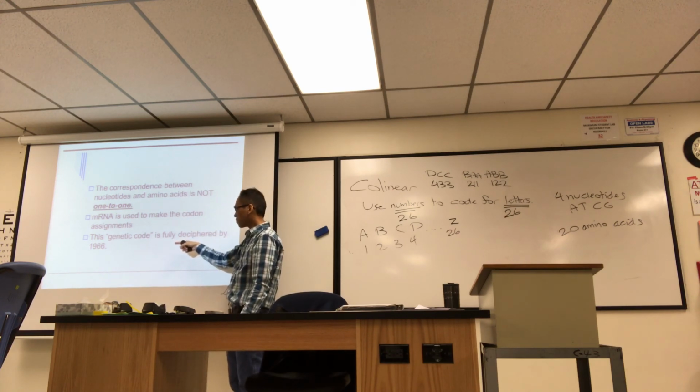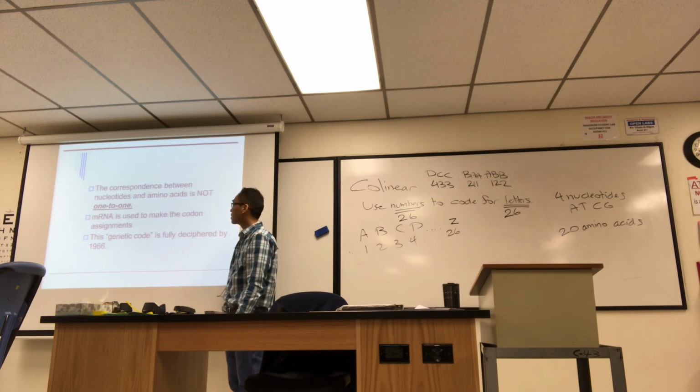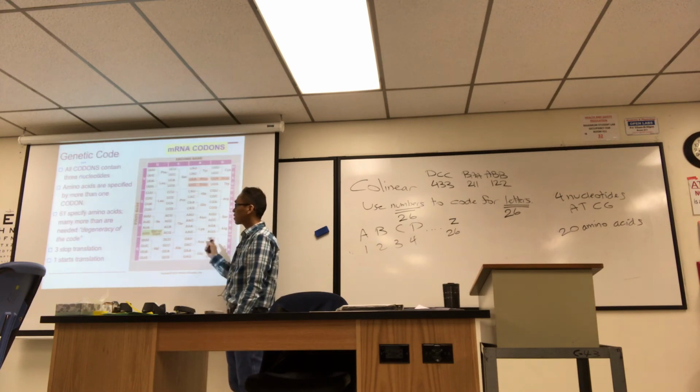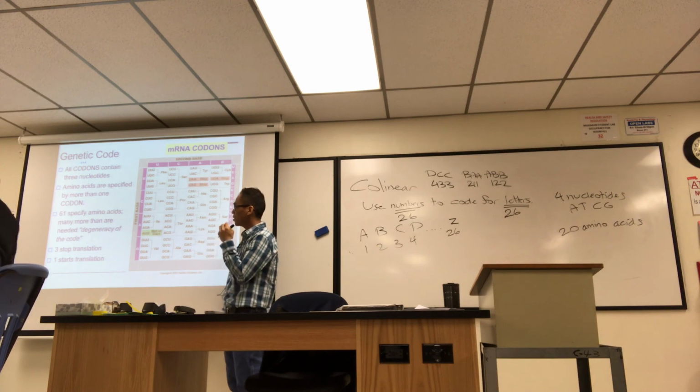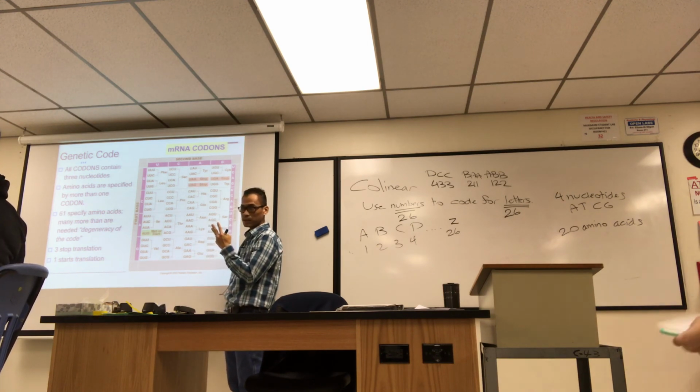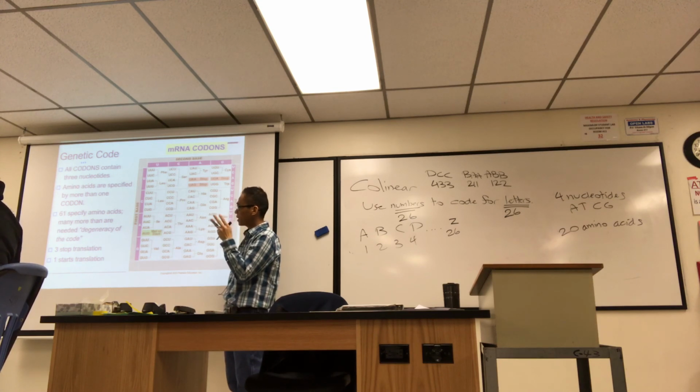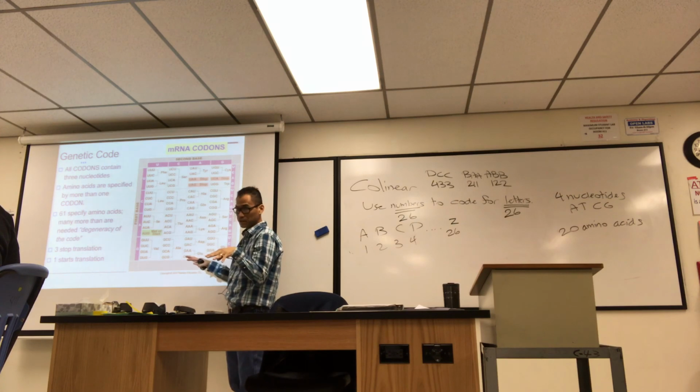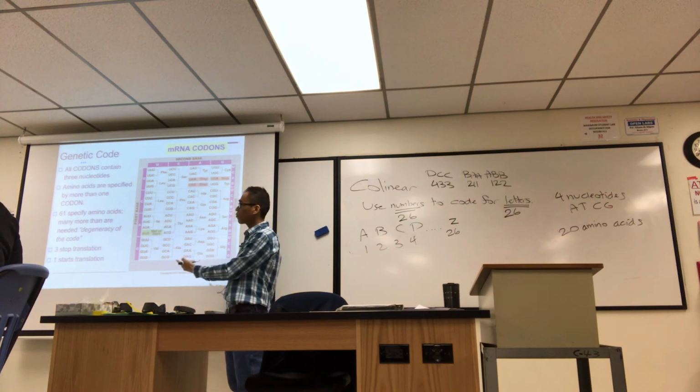Basically, the genetic code was fully deciphered by 1966. Here's the code. It's not 1-to-1. We use triplet sequences of nucleotides, because when you have 4 nucleotides and you use triplet sequences, you have plenty of different permutations to code for the 20. In fact, you have over 60, and you only need 20.